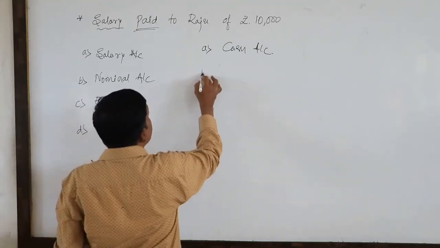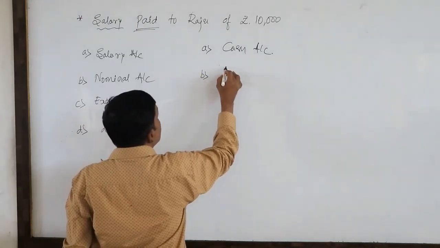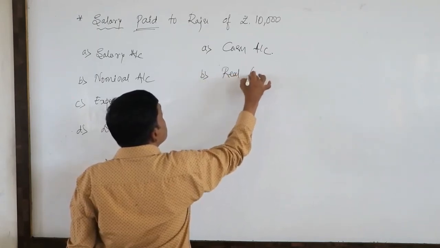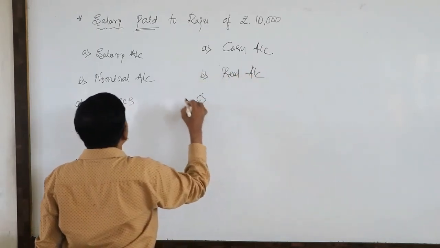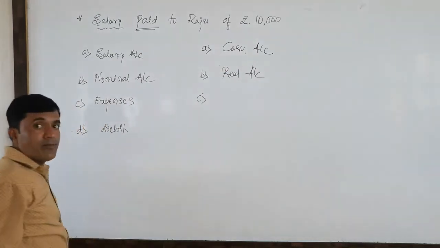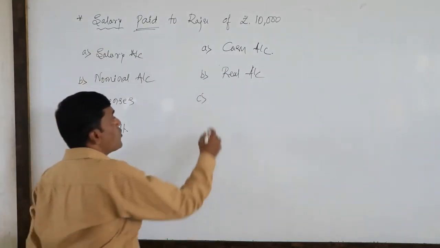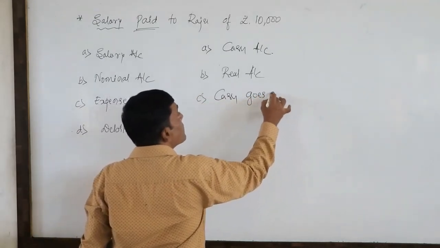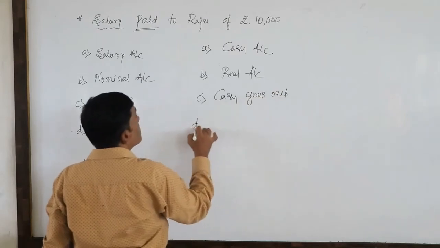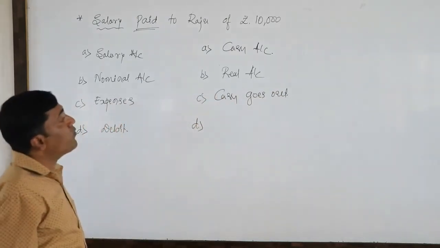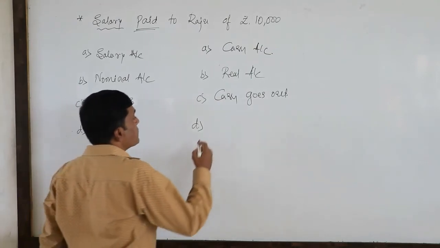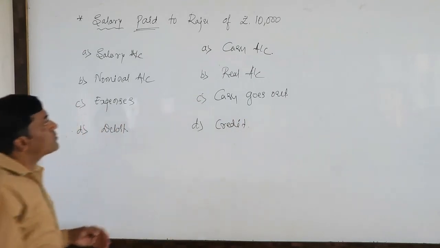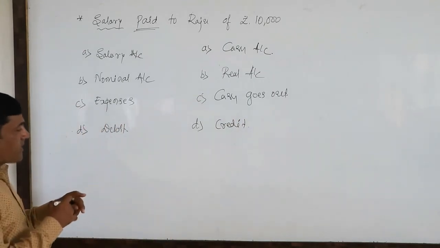Point number B. So cash, as you all know, it is a thing, so it comes under real account. As per the real account, whenever you are paying the money for the salary, means cash goes out. As per the real account, credit what goes out, here the cash goes out, so we need to credit the cash account.